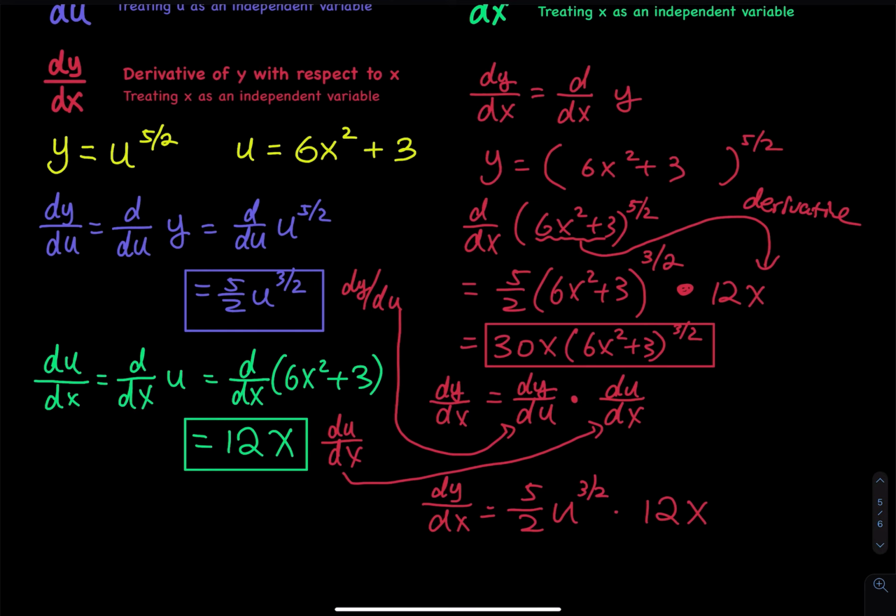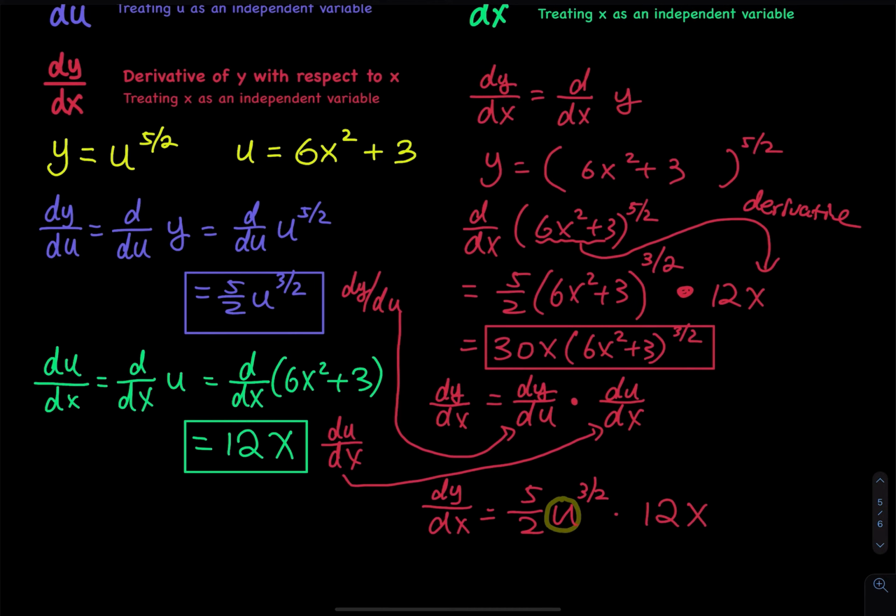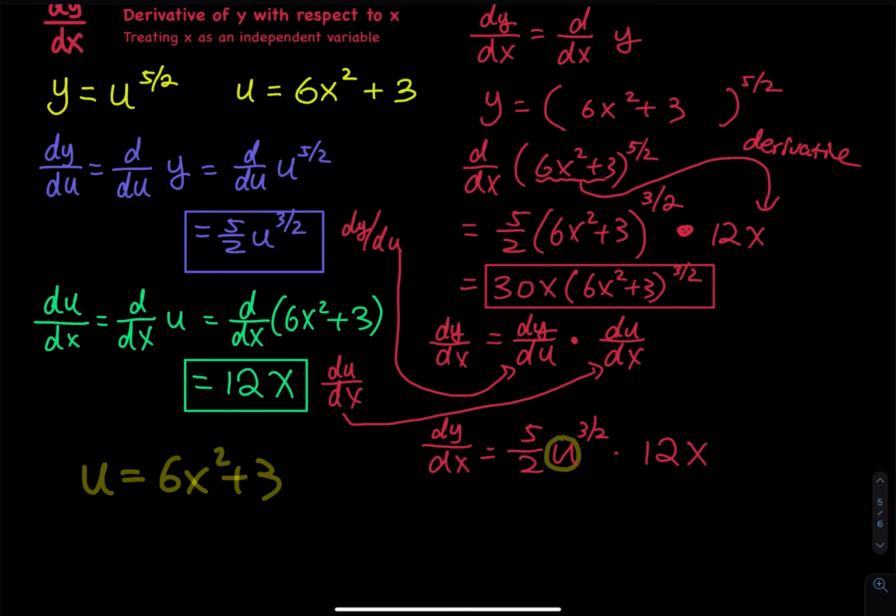Are we done? Can we have two different variables? The answer is no. So you still have a u over here. So what is u equal to? u is equal to 6x squared plus 3. So all you have to do is plug in.